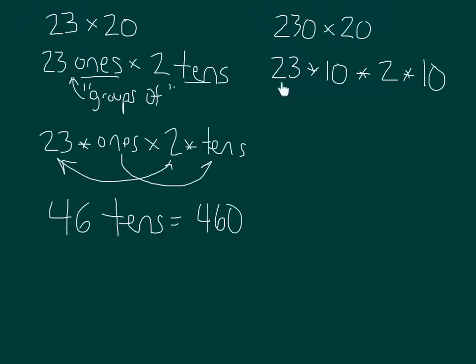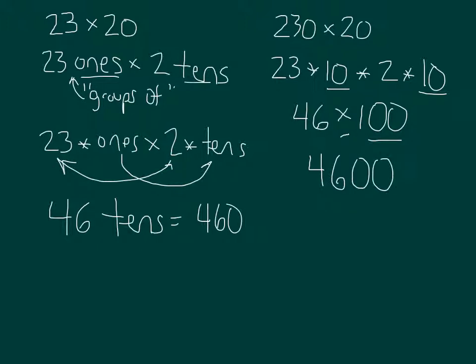And again, I have 23 times 2 is 46. And then I can multiply that times the 10 times 10 is 100. So I have 46 groups of 100, or 46 hundreds, or 4,600.